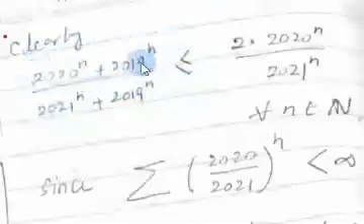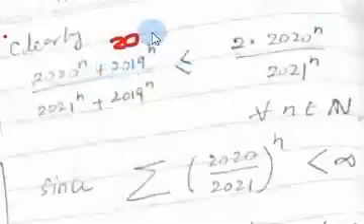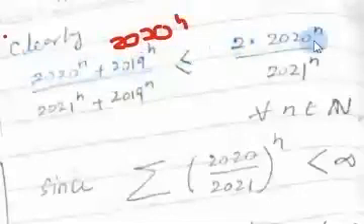So you write 2020 to the power n instead of this bit. So what happened? That term, this one plus this, twice, is 2 times 2020 to the power n.